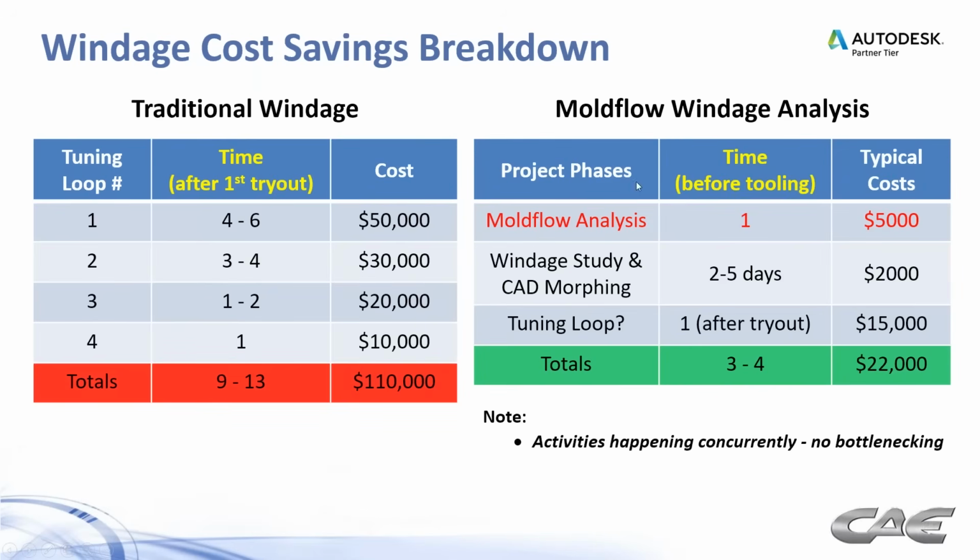But when we use Moldflow windage analysis, now look at the center. So this is happening before tooling even starts, before it's even kicked off. We can do the analysis within a week. We're talking 2 to 5 days for doing the windage study and the CAD morphing. Sometimes there may be a tuning loop afterwards.